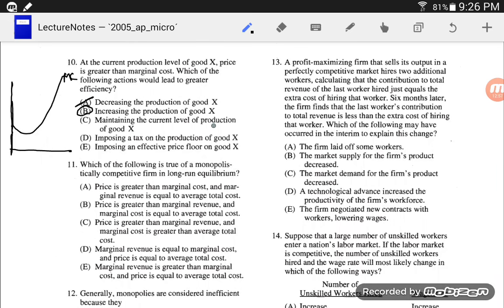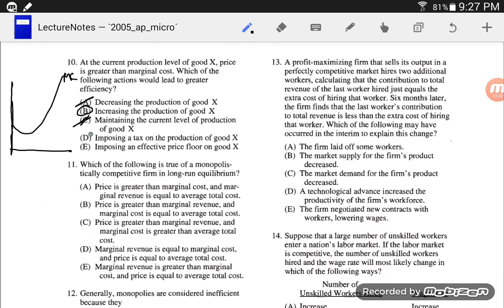Maintain the current level of production? No, I think I could make more money if I increased my production. Again, because the current market price, it doesn't say market price, but I guess it's fair to assume this is a perfect competition. Anyway, if the price that I could sell it at is higher than my cost, well, then I might as well increase it to increase my profits.